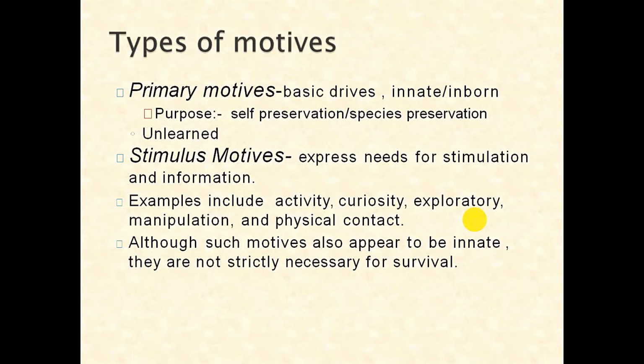Secondary drives refer to motives that are acquired by the process of learning, though drives themselves are mostly not learned. The goals satisfying the drives and the behavior helping the attainment of this goal are learned. Anyhow, an element of learning enters into secondary drives.